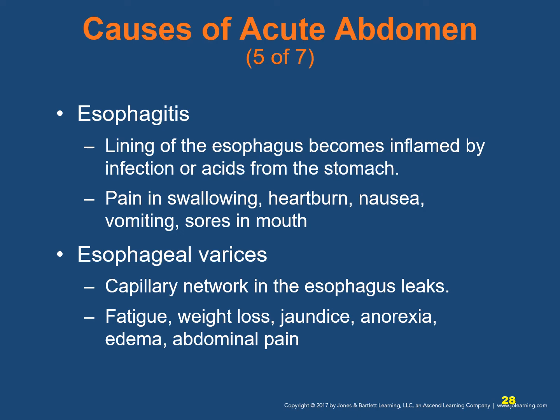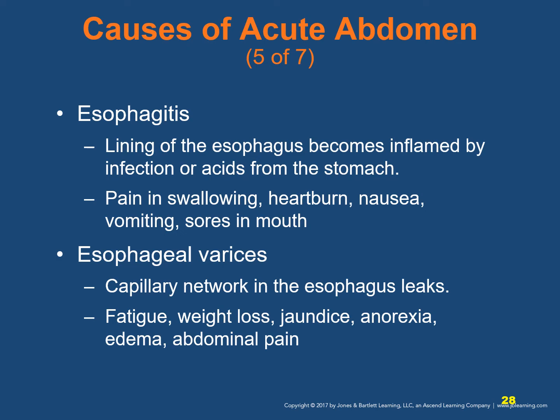Esophagitis is the lining of the esophagus becoming inflamed, either by infection or from acids in the stomach. Acids from the stomach can occur because the patient might suffer from GERD, which is gastroesophageal reflux disease. With this condition, the sphincter between the esophagus and the stomach opens, which allows stomach acid to move up into the esophagus.